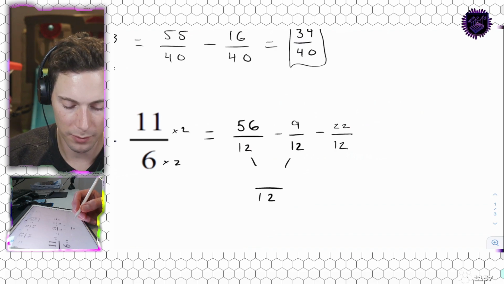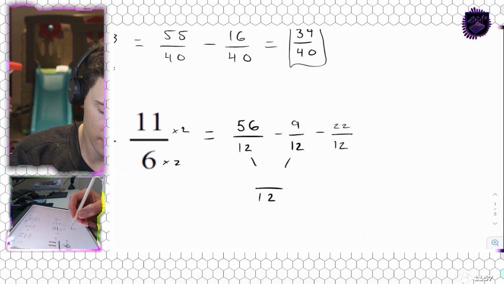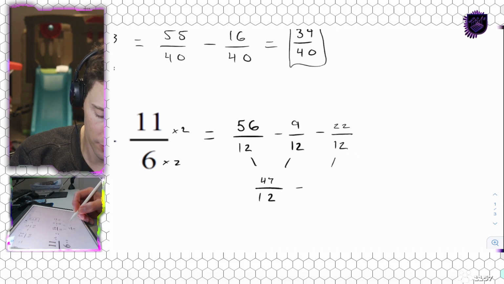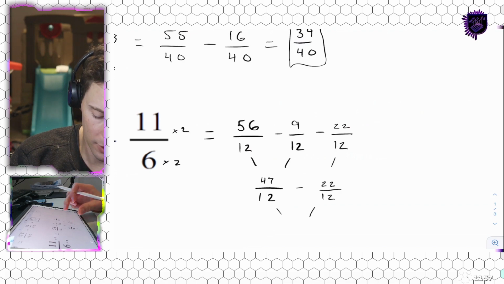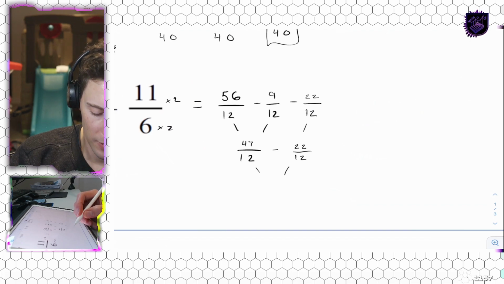That will equal 47 twelfths, and then we'll subtract the next one, 22 twelfths. 47 minus 22 twelfths is going to equal 25 twelfths.